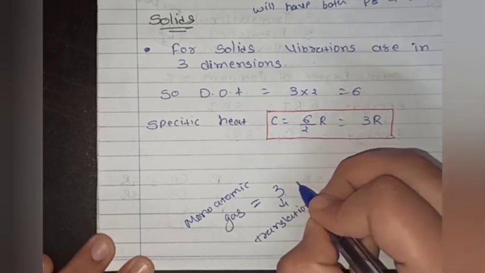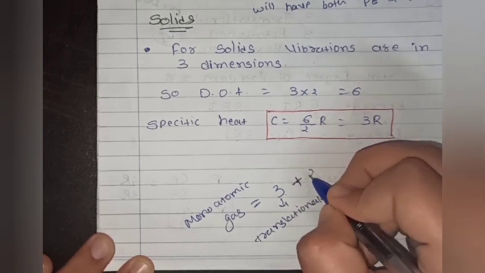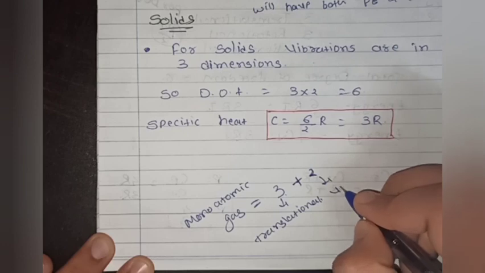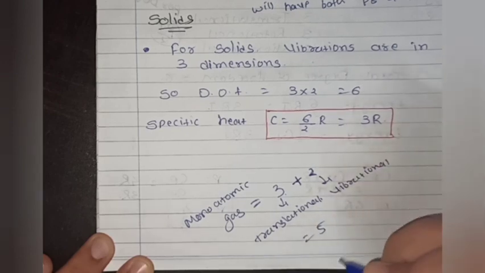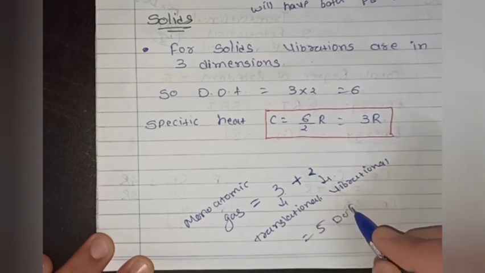If we want to consider vibrational also, then plus 2, this will be vibrational. So now there will be 5 degrees of freedom.